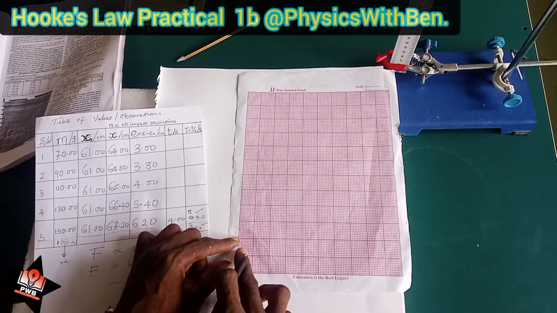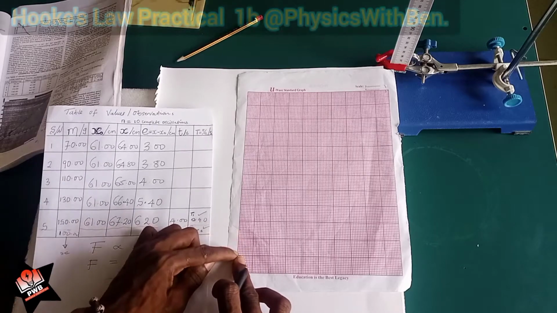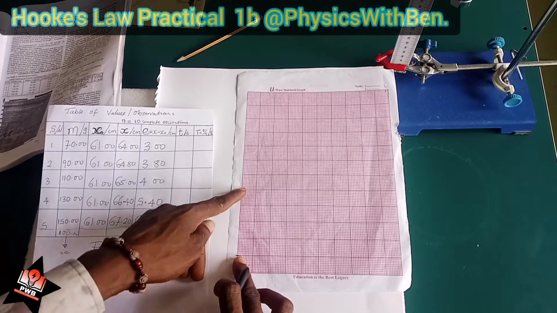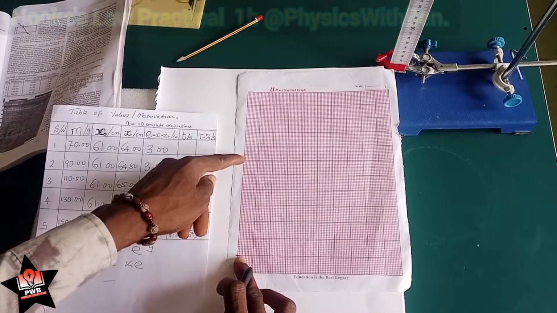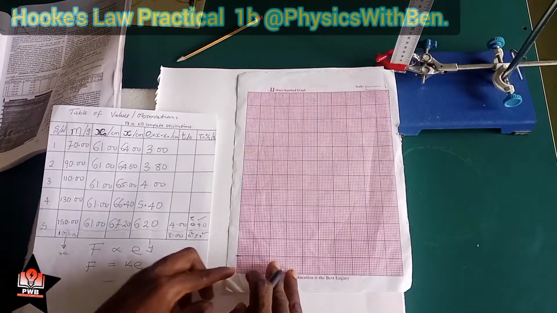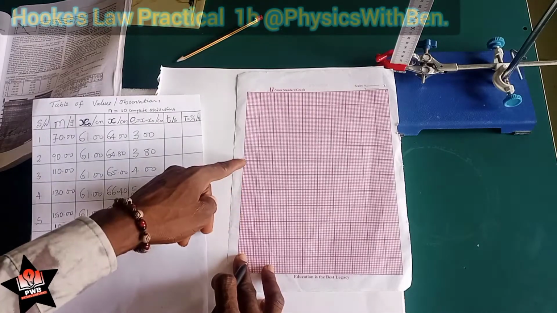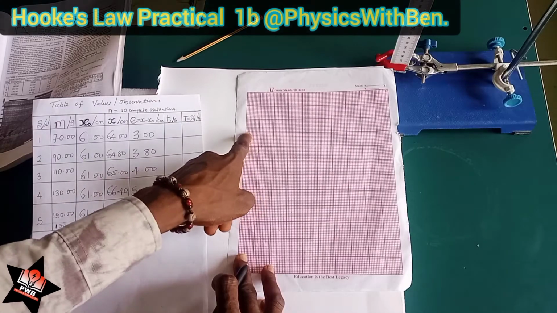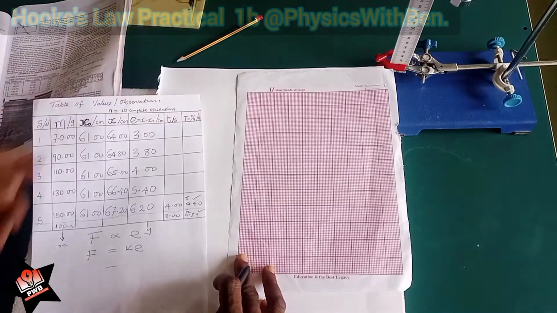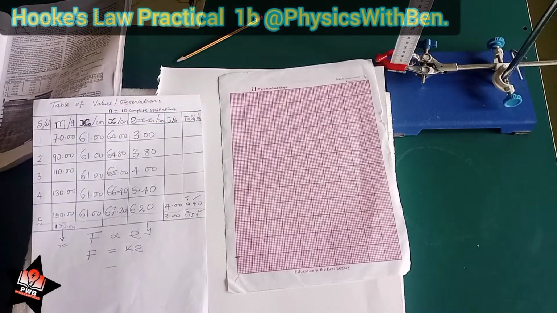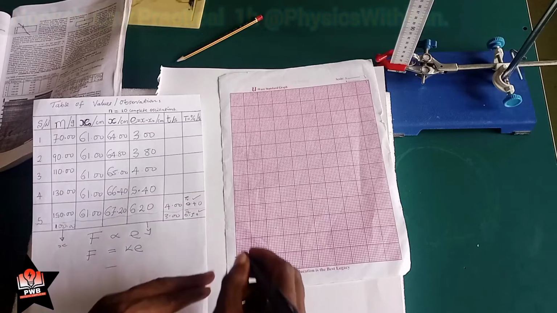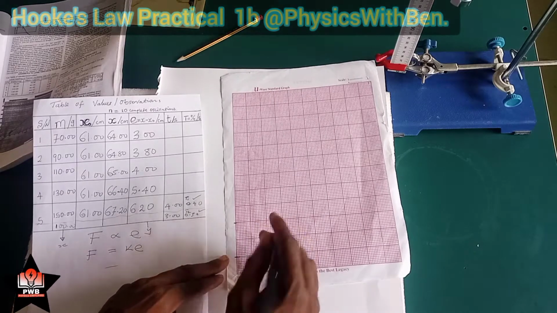This is 1, 2, 3, 4, 5, 6. Our graph will shrink. Let's check for 4 cm. This is 1, 2, 3, 4, 5. That will not go. So with that, we will shift our graph somewhere here.